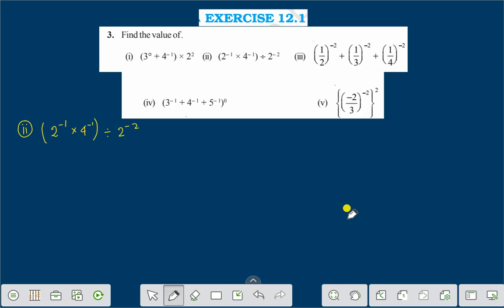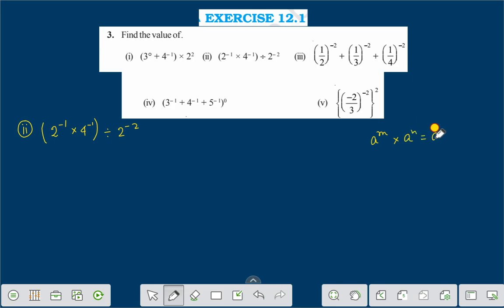Right? Here we will apply the formula a to the power m into a to the power n is equal to a to the power m plus n.